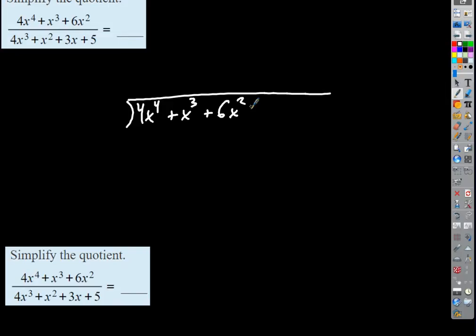Not done though. 0x, I got to have a column for x, and I got to have a column for the constant. Got to have a column for each power of x. Well, there's x to the 4th, x cubed is that column, x squared is that column, x to the 1, x to the 0 is the constant, right? Outside, we've got whatever's on the bottom.